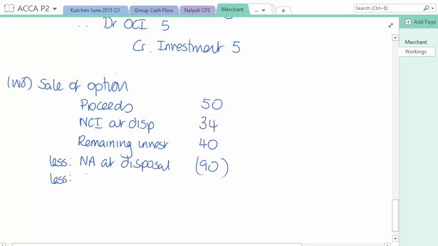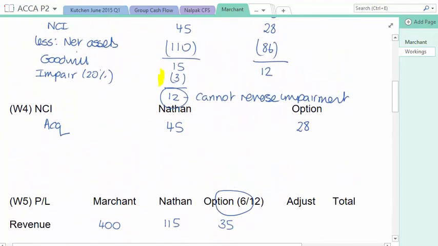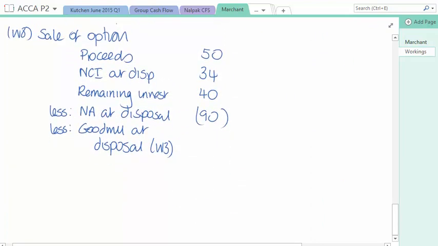And we also take away goodwill at disposal, and we calculated goodwill in working number 3 to be 12. So 50 plus 34 plus 40 less 90 less 12 gives me a group gain on disposal of 22.